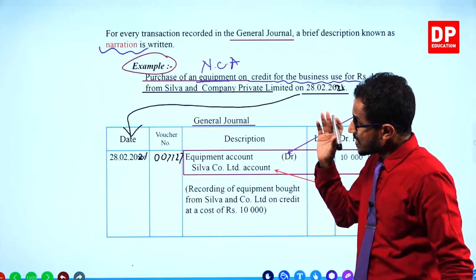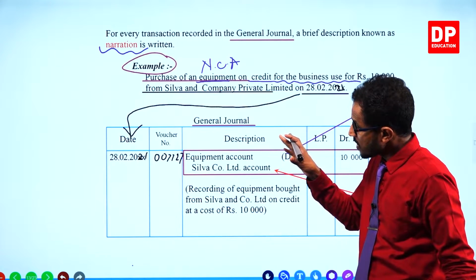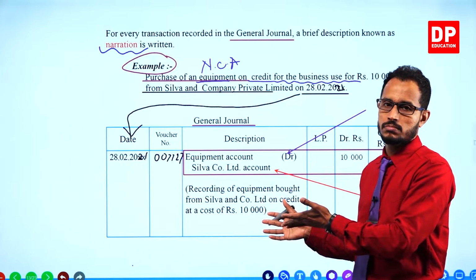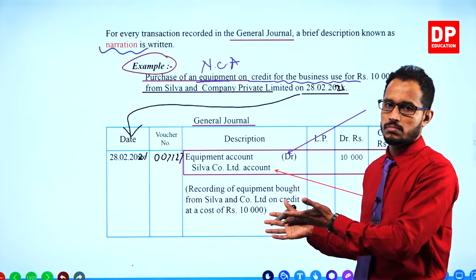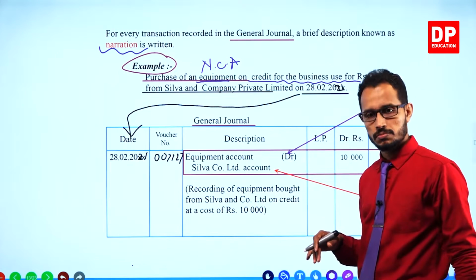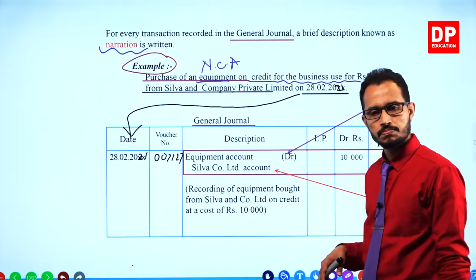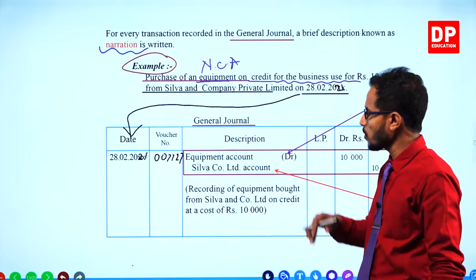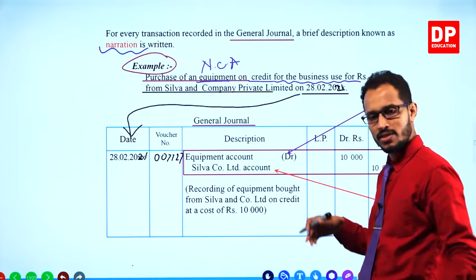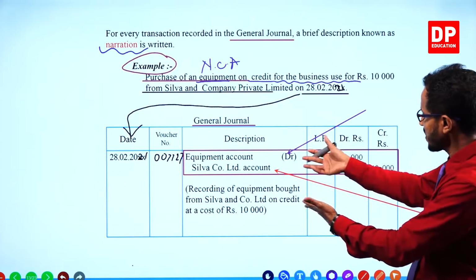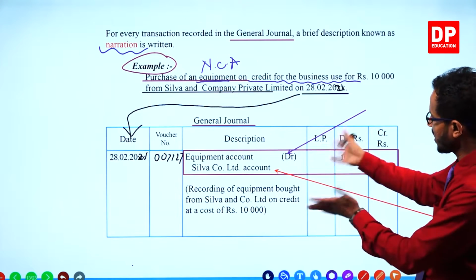You put the transactions in their double entry form to the general journal. Then you can record the double entry in the relevant ledgers the way it is given in the general journal.